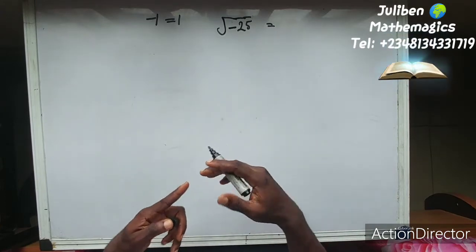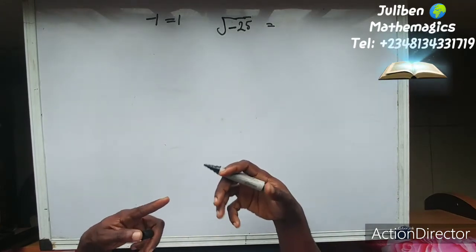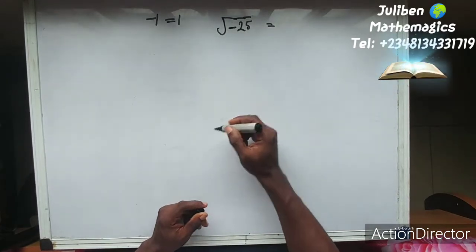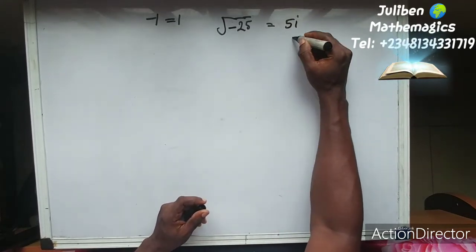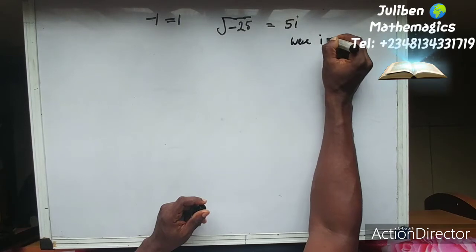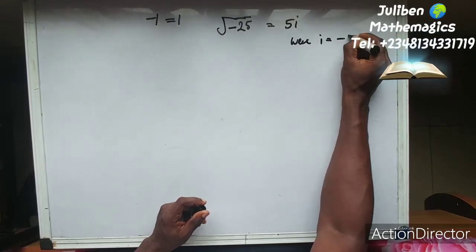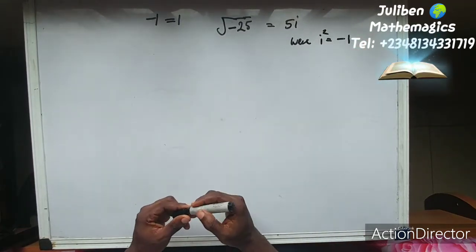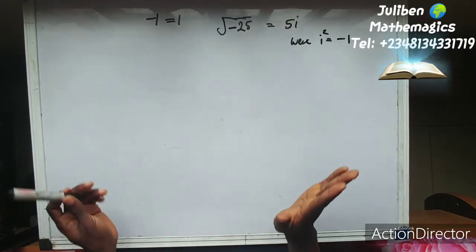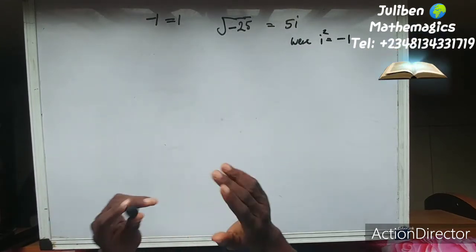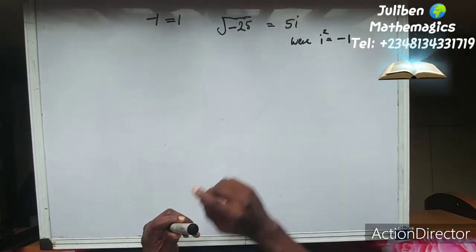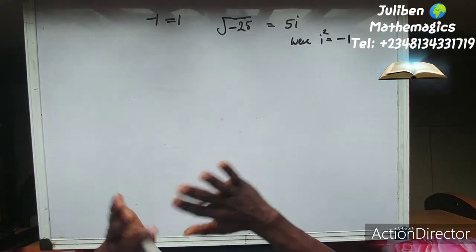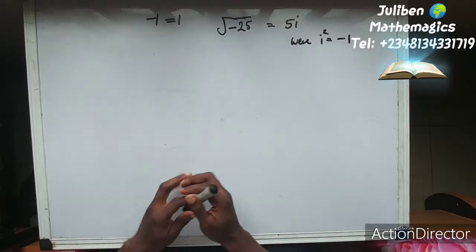But in mathematics, in the field of complex numbers, the square root of -25 is actually 5i, where i is simply the square root of -1. For you to understand this video, you must agree with the fact that i squared is equal to -1. It's a normal law in complex numbers.